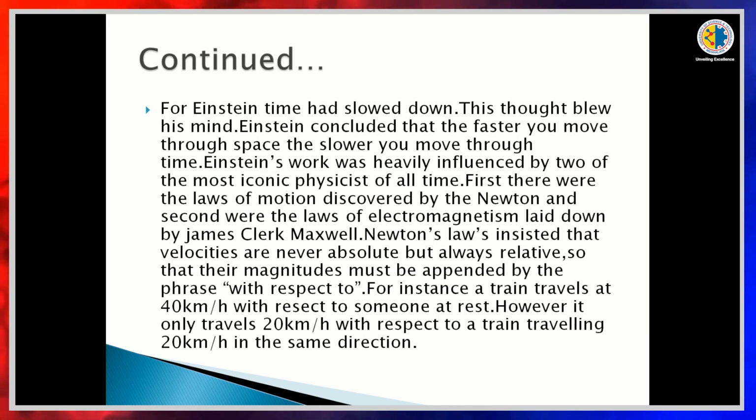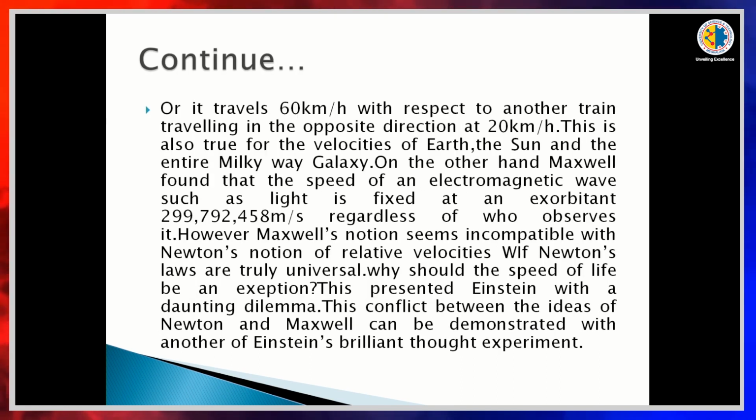For instance, a train travels at 40 km per hour with respect to someone at rest. However, it only travels 20 km per hour with respect to a train traveling 20 km per hour in the same direction. Or it travels 60 km per hour with respect to another train traveling in the opposite direction at 20 km per hour.